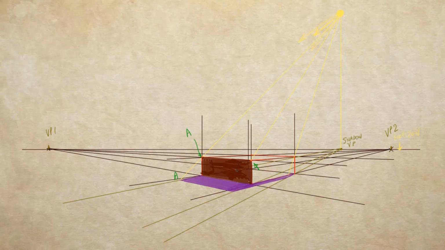And then the top surface is definitely going to get hit by light, so all this is going to be lit up. And this side is also not going to be hit by light.